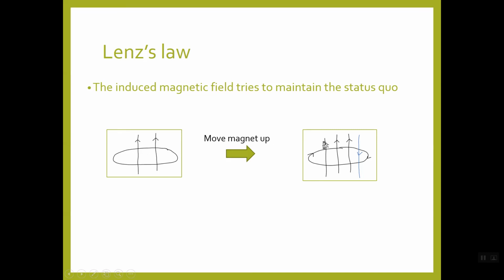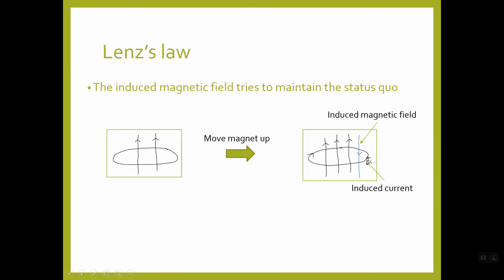So instead of 2, now there's 3. What's going to happen is that the induced current is going to induce a magnetic field that is going to counteract that change in magnetic field that we did when we moved the magnet up.